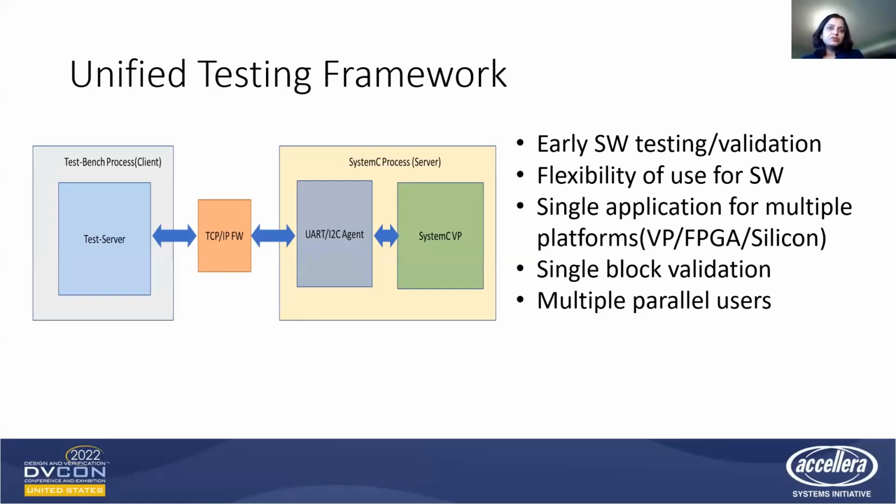Now, since the executable can be configured in different scenarios and launched with different applications, it supports multiple parallel users, which is not the case with an FPGA or with a hardware accelerator or even with silicon. So basically, the entire subsystem and the design blocks could be validated just by sending information to various agents present in the virtual prototype.